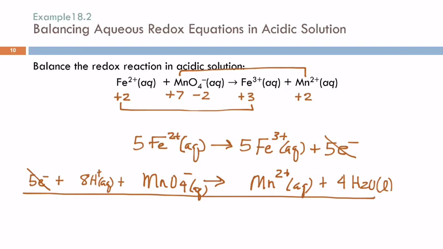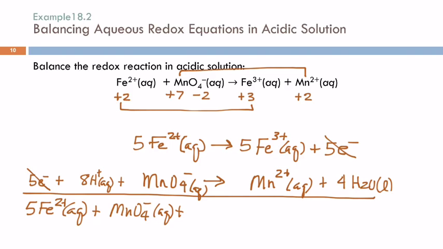Now, the order in which you copy it down doesn't really matter. I often just use the same order that was given originally. You do have to include the hydrogen. So for the iron, Fe2+, there's 5 of those. And next was permanganate, and there's only 1 of those.